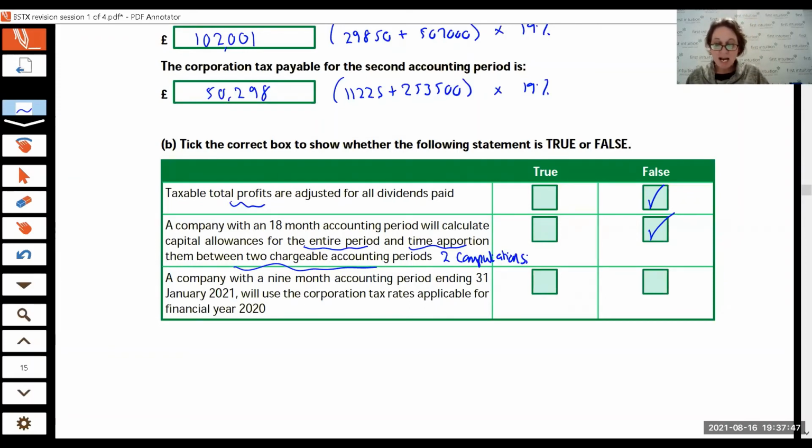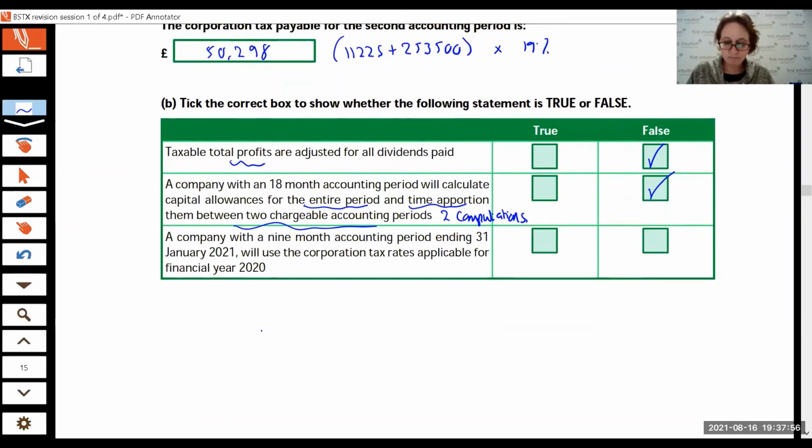And then, a company with a 9-month period ending January 2021 will use the corporation tax rate applicable for the financial year 2020. This one, I'm going to do a timeline. I really want to explain this to you. So a 9-month period to January 21.